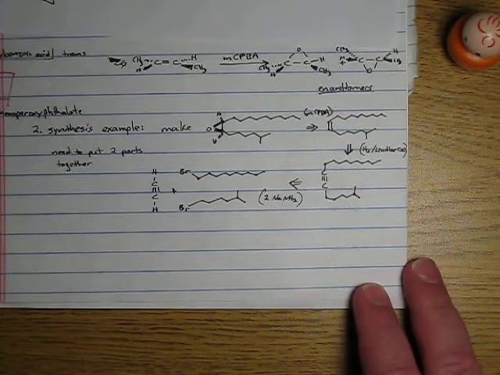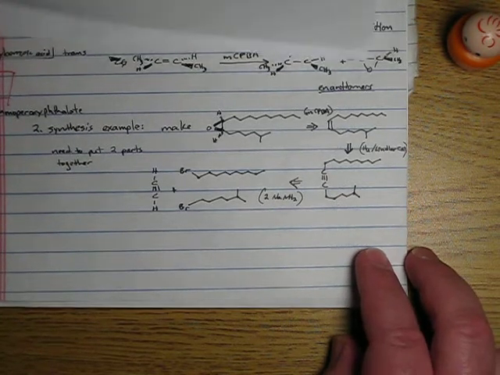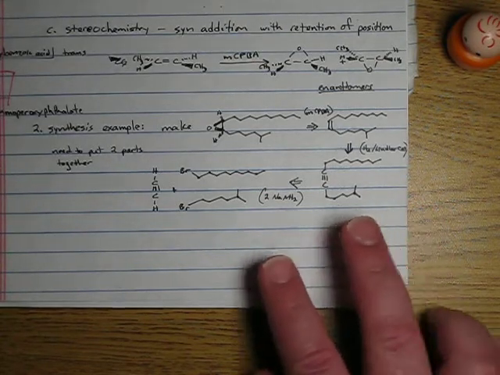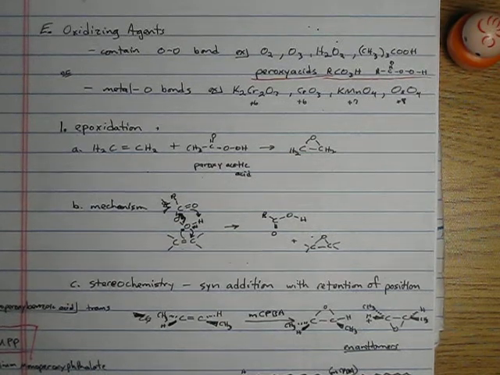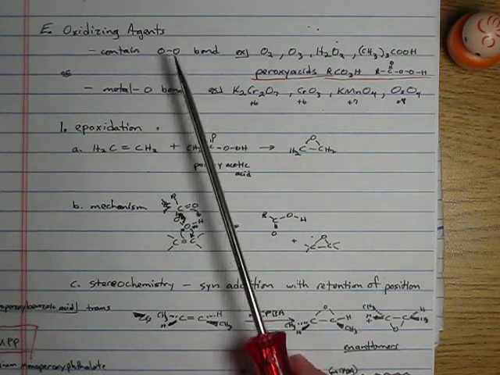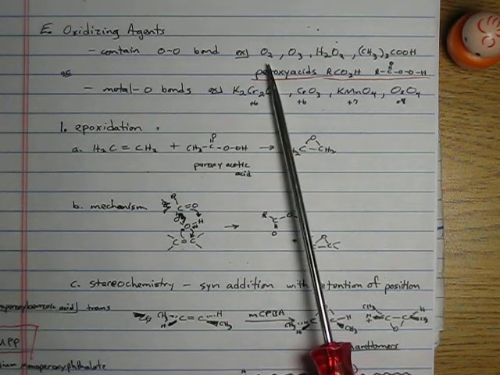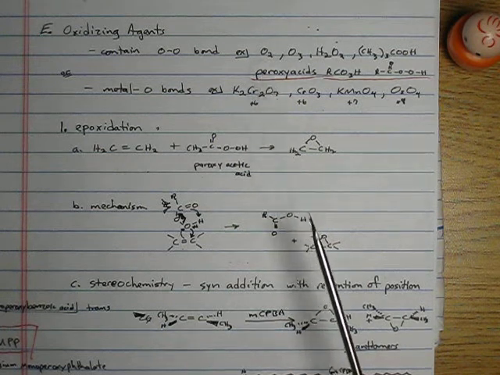I'll skip forward in the chapter a little bit to look at our normal oxidizing agents. And here they are. There are 2 types. One contains an oxygen-oxygen bond. So O2, a very nice oxidizing agent.